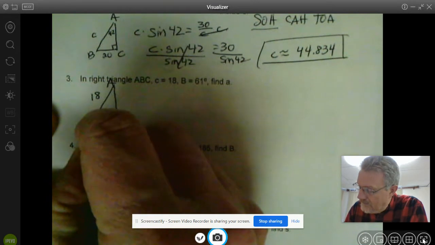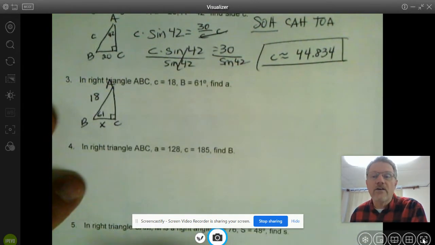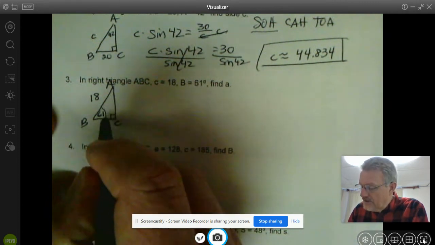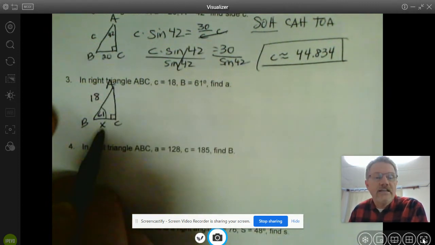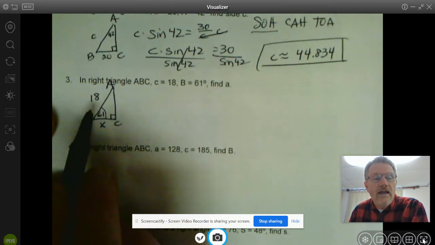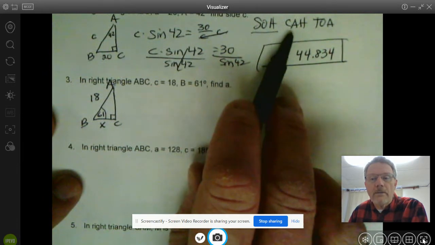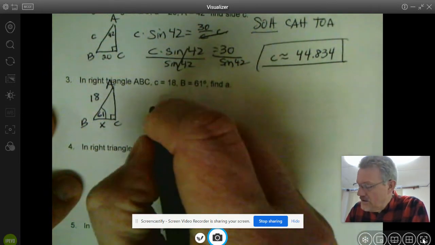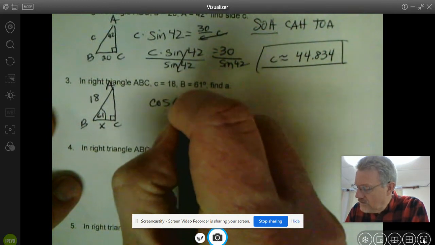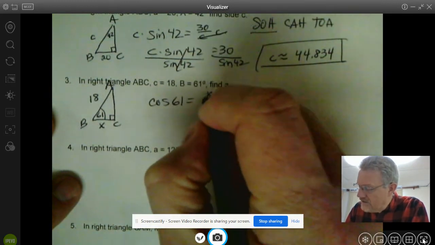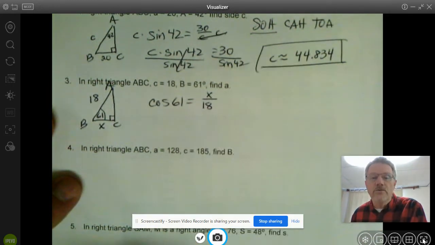Find A. A is the side across from angle A. Now I've got the 61 degrees. X is adjacent, 18 is the hypotenuse. So adjacent and hypotenuse tells me I'm going to work with cosine. Cosine of the angle equals adjacent over hypotenuse.